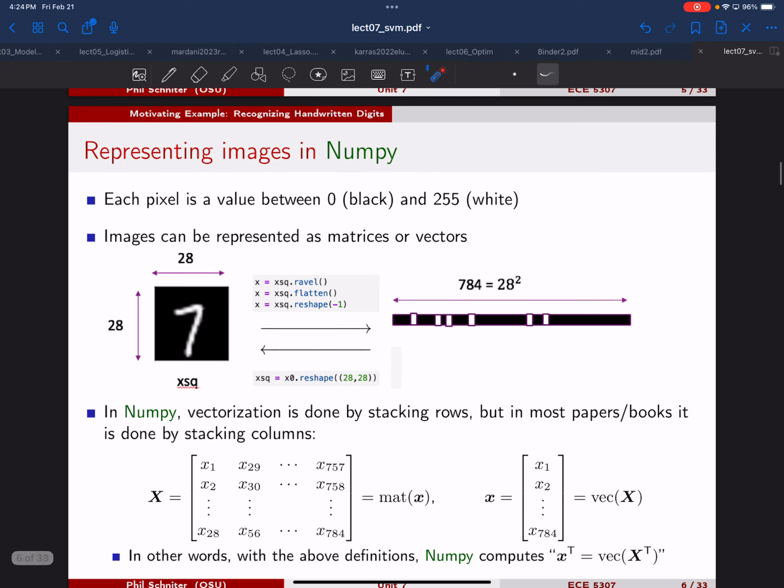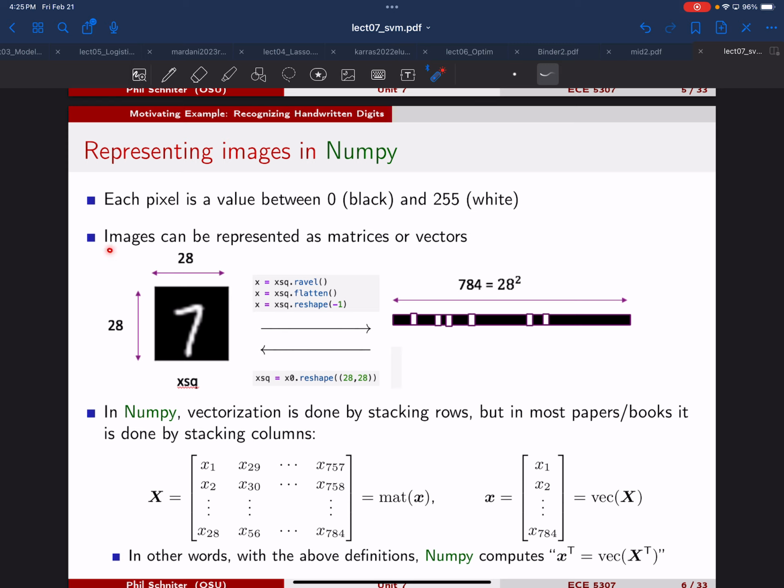But first, we'll talk a little bit about just these images themselves, how we handle the images in NumPy, and then we'll eventually get into more about the support vector machine. So just starting with the images, like I discussed before, when we work with grayscale images, each pixel is going to be a value somewhere between 0 for black and 255 for white, integer values.